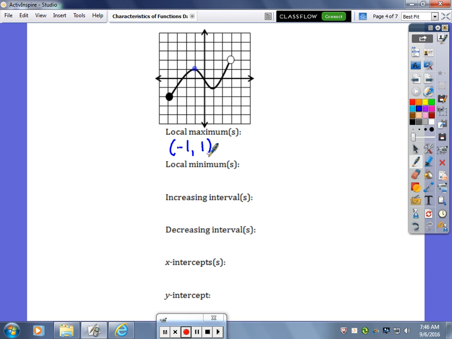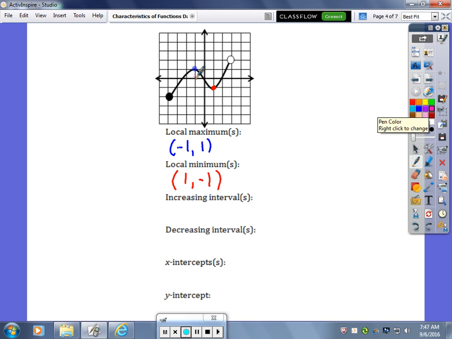Our only local maximum in this graph is the point -1 and 1. Our only local minimum is right here, and it has the coordinates 1, -1. And again, our closed circle also is not a local minimum for the same reasons as the open circle not being a local maximum.